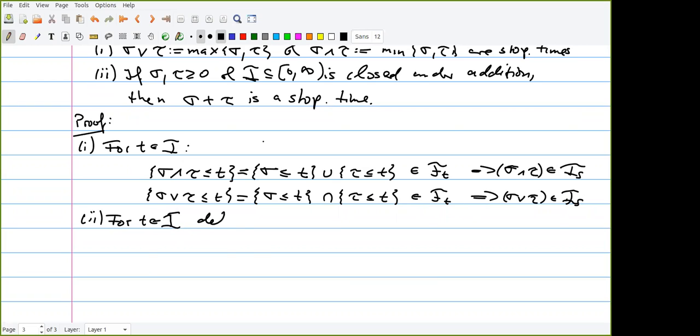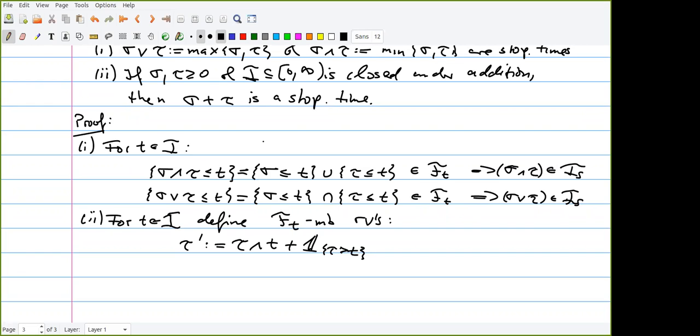So again, we want to consider an t and I. And for this, we define auxiliary ft measurable random variables, tau prime, which is tau minimum t plus the indicator function of the event that tau is bigger than t, right?